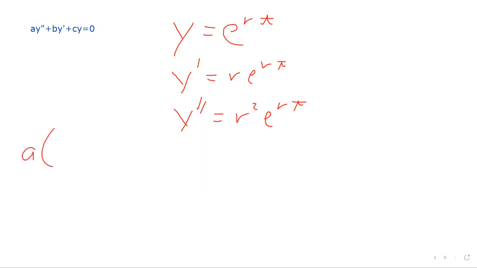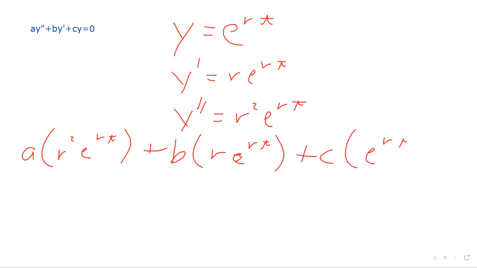Now, if we do this and we substitute this into the equation, it's a r squared e to the rt, plus b, and then our y prime, r e to the rt, plus c e to the rt equals 0.